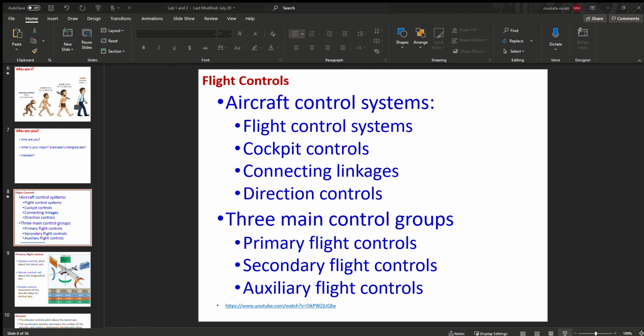They have a lot of different functions actually. Most of them are installed on the wings. We have three main systems of secondary flight controls that are installed on the wings.